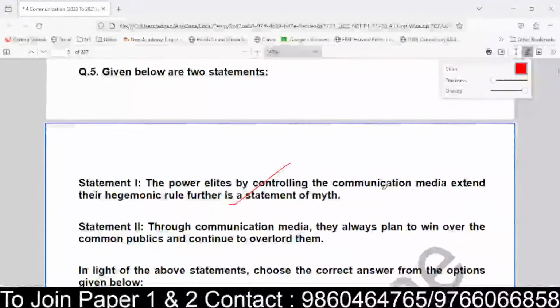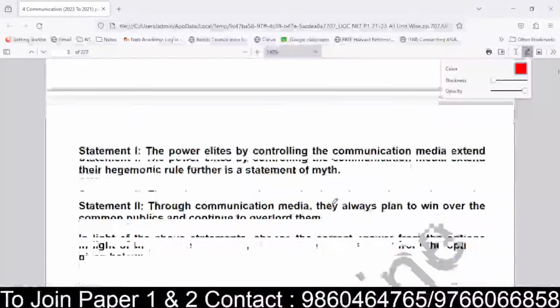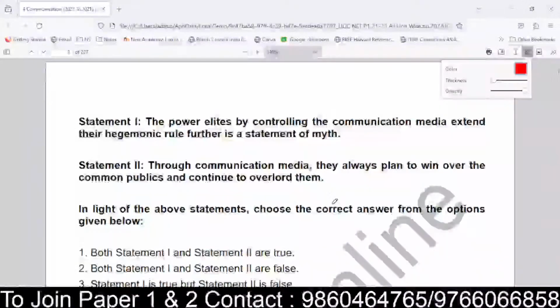Obviously statement 1 is not true, it is considered as false. Whereas statement 2, through communication there is always a plan to win over the common public and continue to overload them. Yes, with your communication skills you can definitely do that.